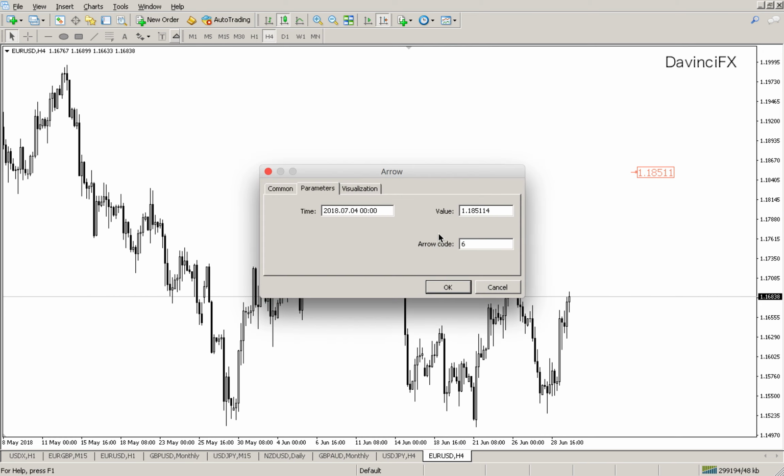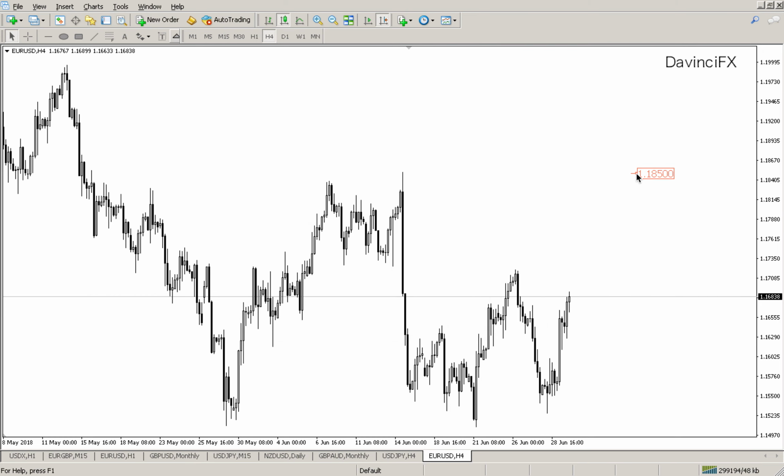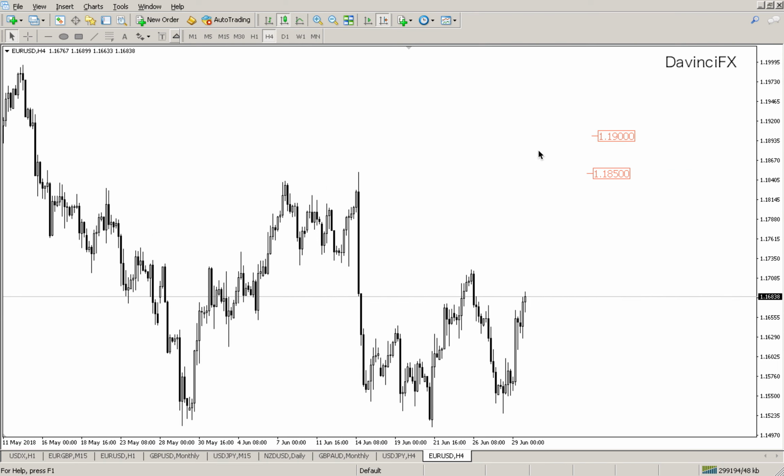To me, 1850 would be a mid-figure number, and 1900 would be your full figure number. Okay, guys. So these are the main types. We're going to go into more detail in a bit about the different types of institutional numbers, but these are the main ones you want to be focusing on.